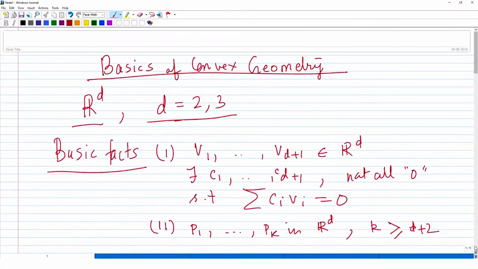So let's say, forget about this, let me make this change on one side. So let's say k is less than or equal to d. Okay. What will be the dimension of the plane or hyperplane or a flat that will contain all of these points? What will be the maximum dimension? Yeah, so it can be a hyperplane, d minus 1, okay, because I am taking k points, k less than d, but there should exist a flat.